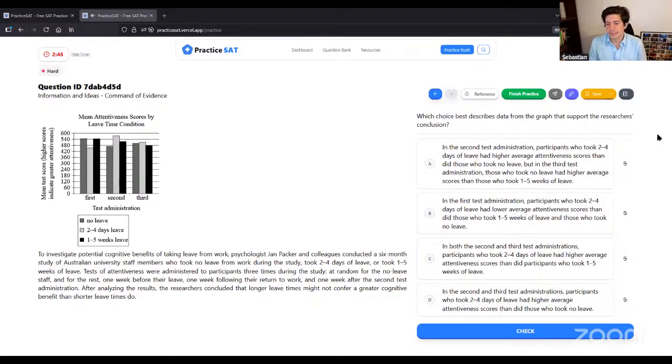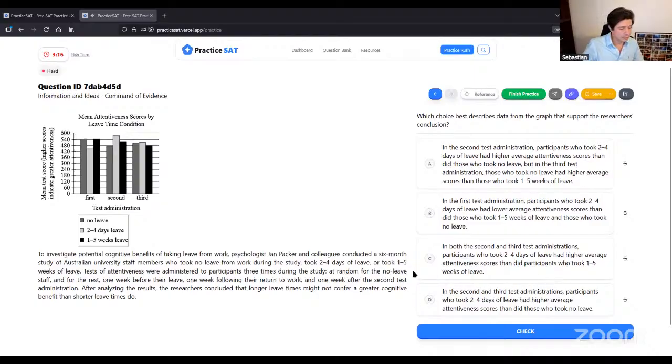B, in the first test administration, participants who took 2 to 4 days of leave had lower average attentiveness scores than did those who took 1 to 5 weeks of leave and those who took no leave. C, in both the second and third test administrations, participants who took 2 to 4 days of leave had higher average attentiveness scores than the participants who took 1 to 5 weeks of leave. D, in the second and third test administrations, participants who took 2 to 4 days of leave had higher average attentiveness scores than did those who took no leave.